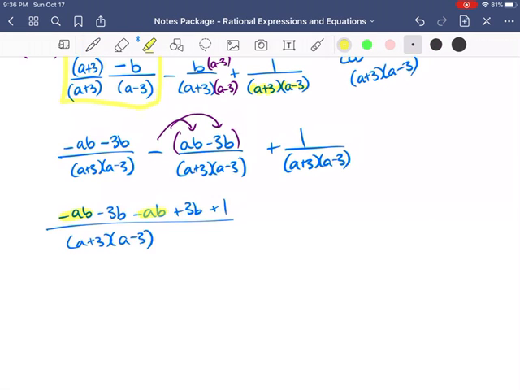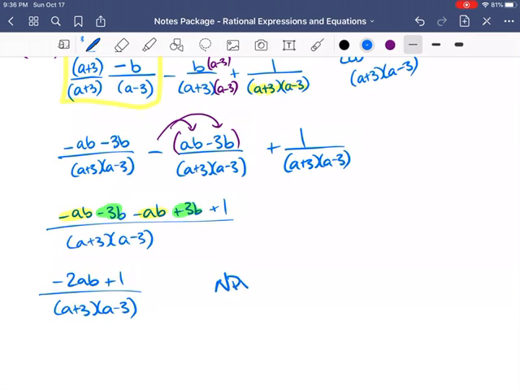Negative ab minus another ab gives us negative 2ab. And then we've got negative 3b and positive 3b, that just becomes 0. And then we've got the positive 1 hanging out at the end. Okay, and our non-permissible values: a cannot equal plus or minus 3.